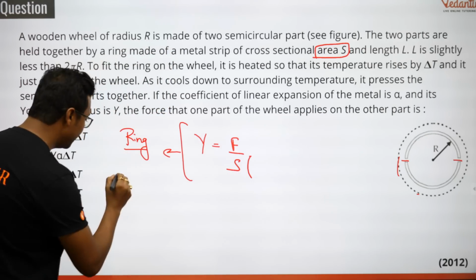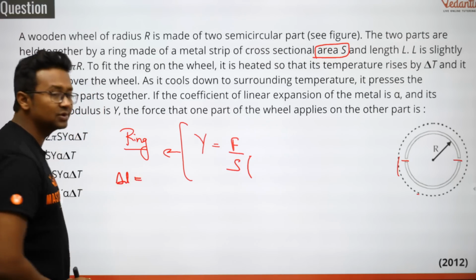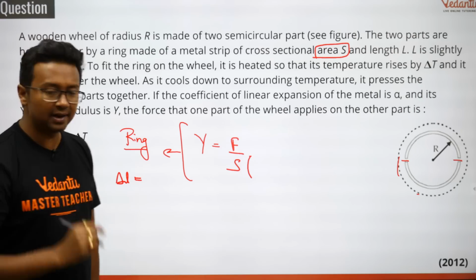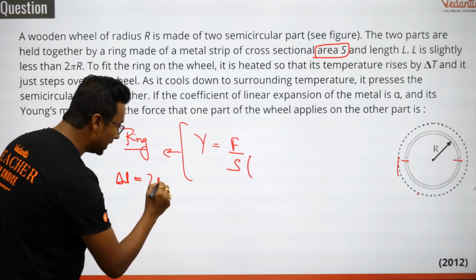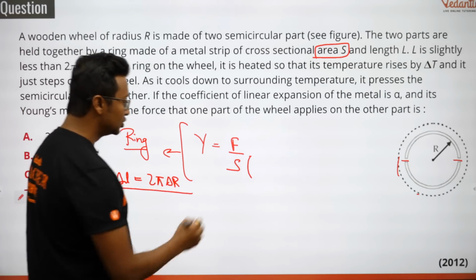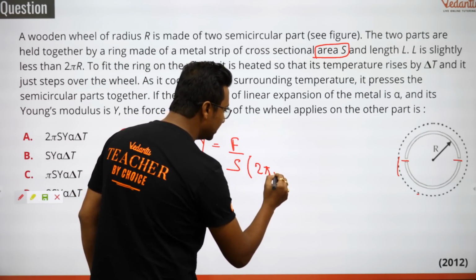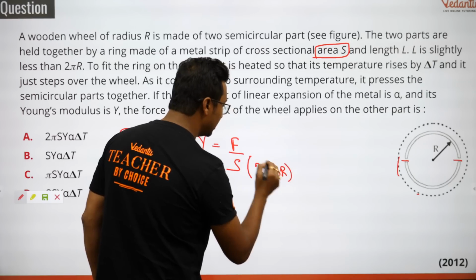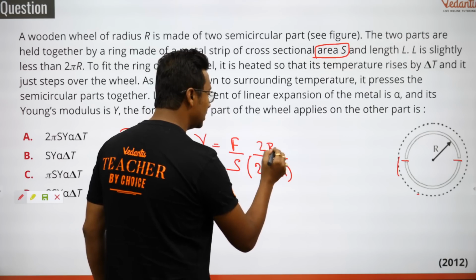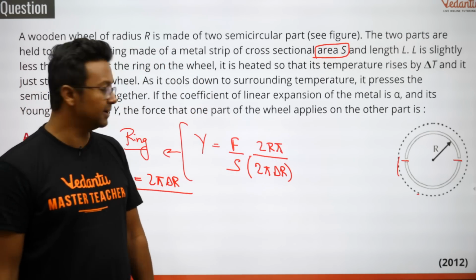Observe carefully: delta L is going to be equal to 2 pi into delta R. So the change in length is 2 pi delta R divided by 2 pi R. That's what it is. Clear?